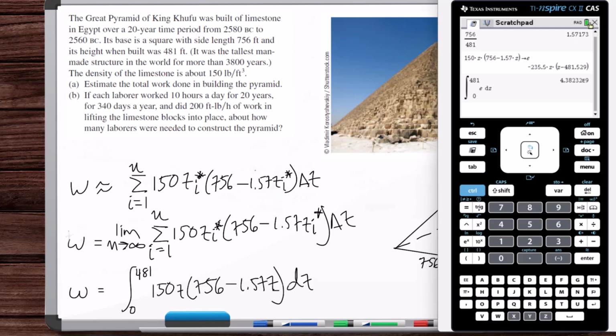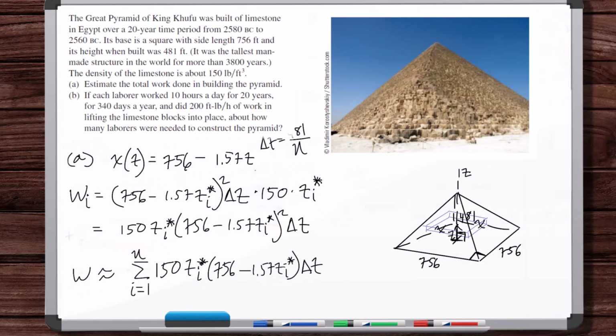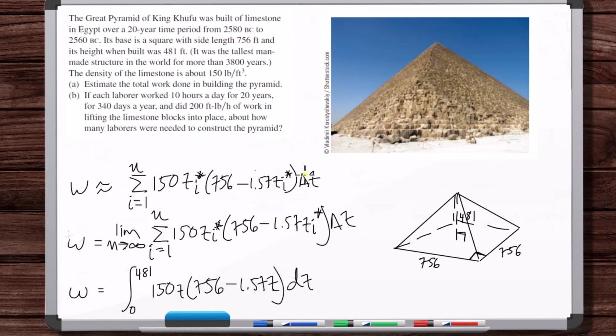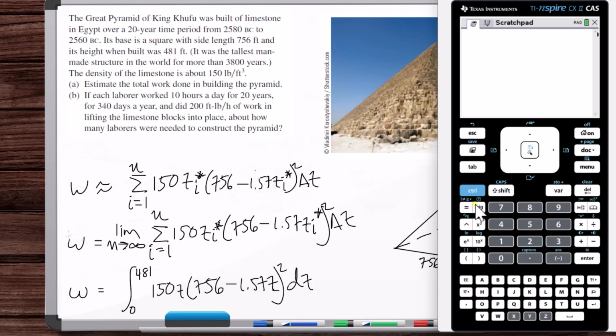Oh, wait, no, this is squared. So this should be squared. Okay, so let's try this again.